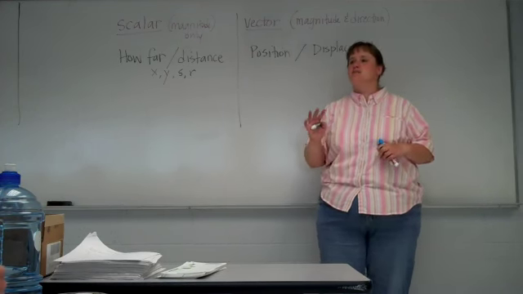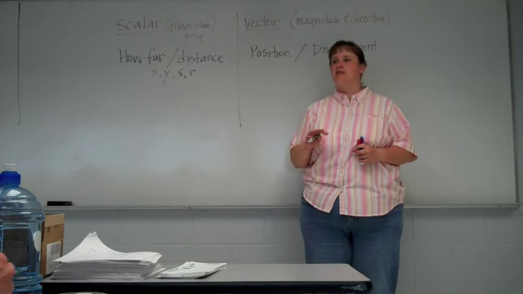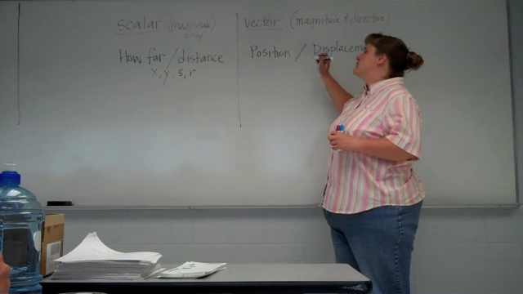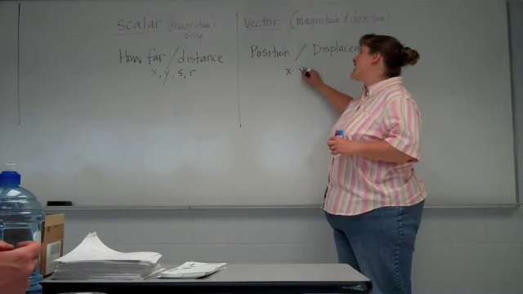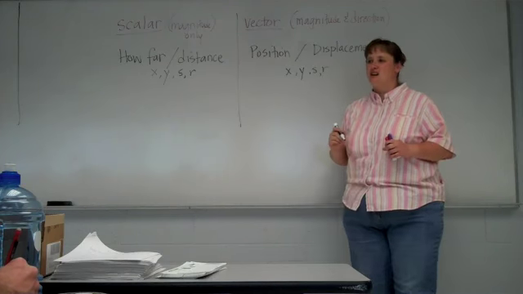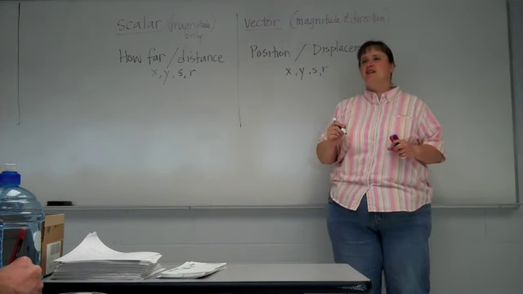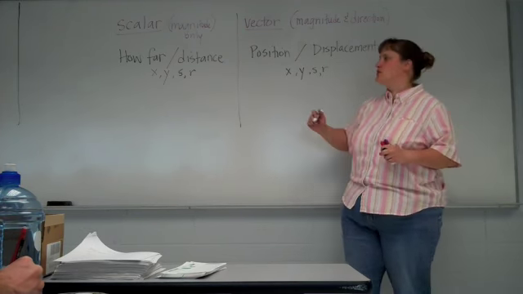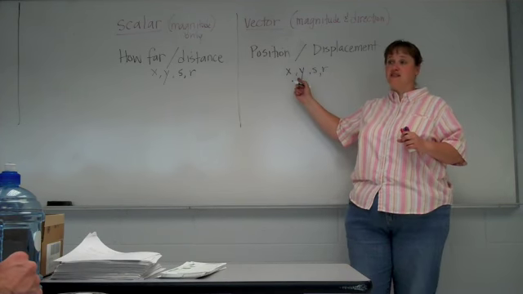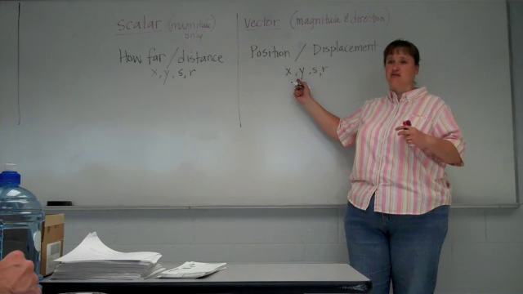Any of those can mean distance or how far. We still use X, Y, S, and R for position as well. So we need a way to distinguish whether we mean how far, or position: how far and what direction.